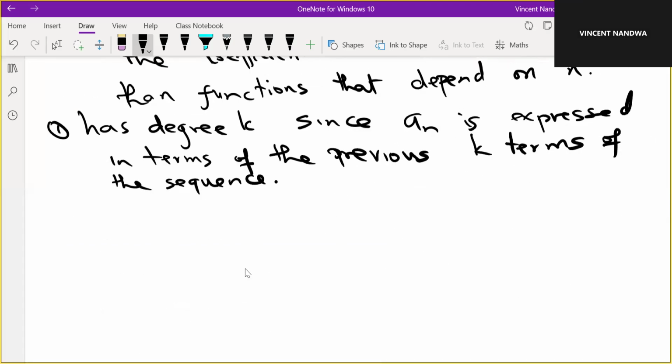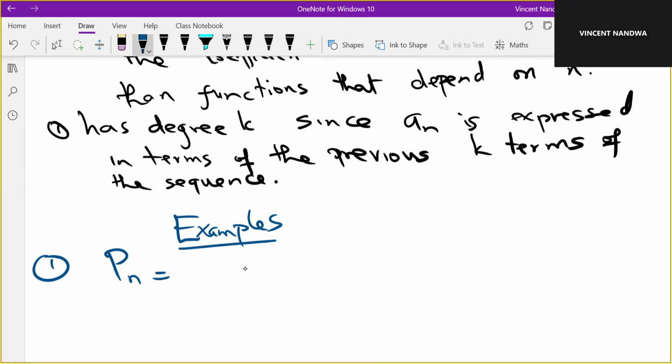So now we can give examples to see which recurrence relations are either linear or nonlinear. Examples. If I have P_n equals 1.2 times P_{n-1}, is this linear or nonlinear?